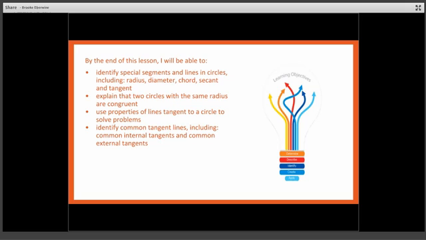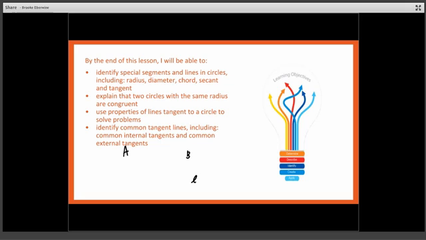If we connect the 2 radii of a circle, you can see this dotted line here in each diagram. Our common internal tangents intersect the line segment containing the centers of the 2 circles. So if we have circle A and circle B, then this red line, we can call it line L, or we can name it by 2 points on the line.